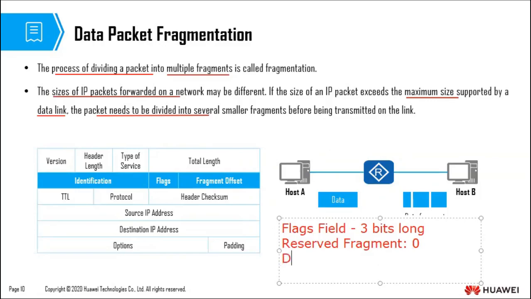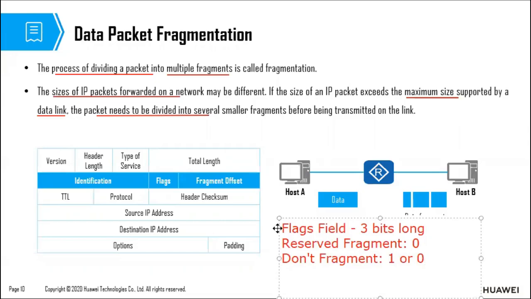Then the second bit is used to indicate don't fragment. It can have 1 or 0, 1 meaning do not fragment, 0 meaning fragmentation is allowed.